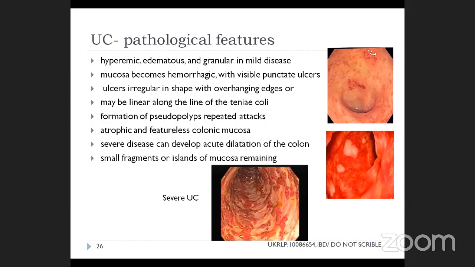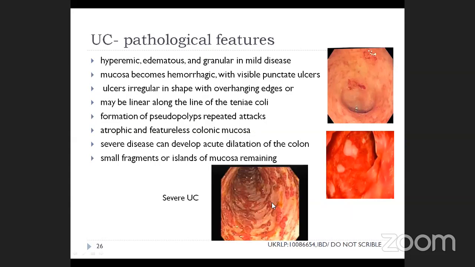There can be a hyperemic, edematous, granular mucosa in mild disease, and the mucosa becomes hemorrhagic with visible punctate ulcers. Here in the second picture, we can see the punctate ulcers here and there in the colon, and the mucosa becomes featureless.